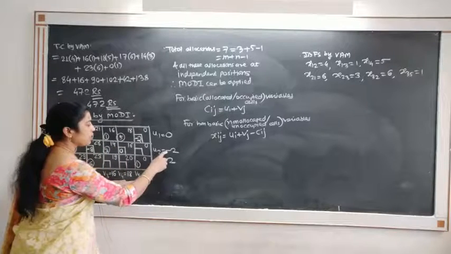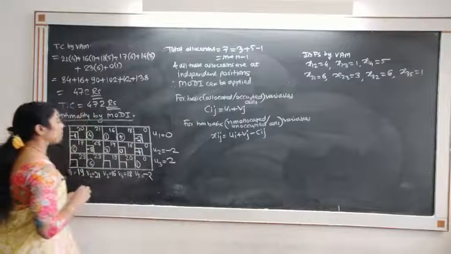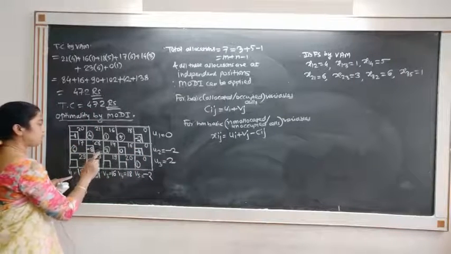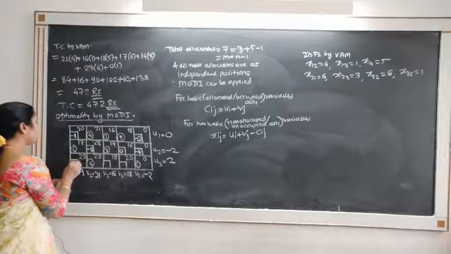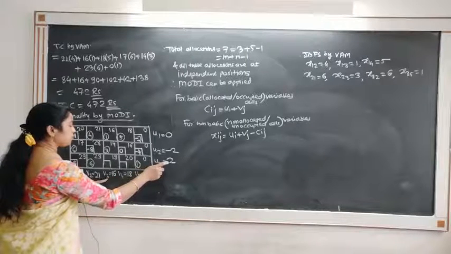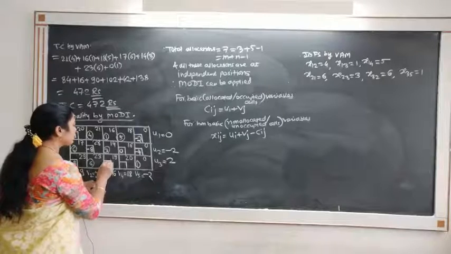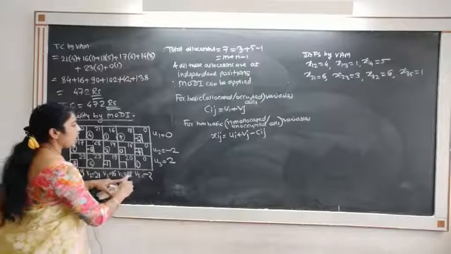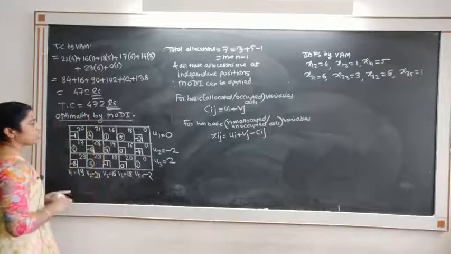Minus 2, minus 2, minus 4, minus 0 becomes minus 4. 19 plus 2, 21, 21 minus 29, minus 8. 16 plus 2, 18, 18 minus 19, minus 1. 18 plus 2, 20, 20 minus 20, 0.